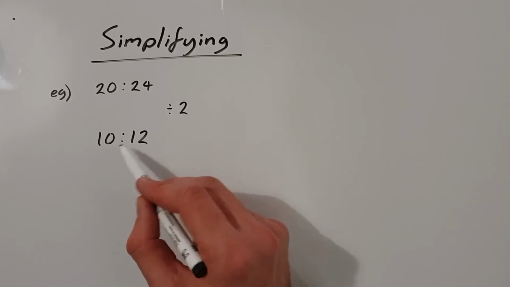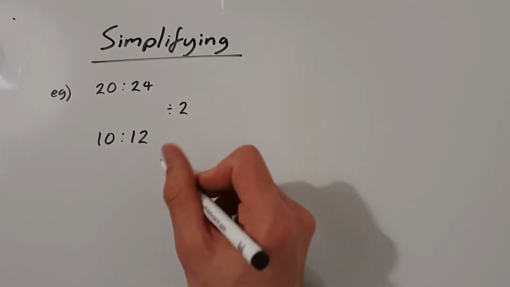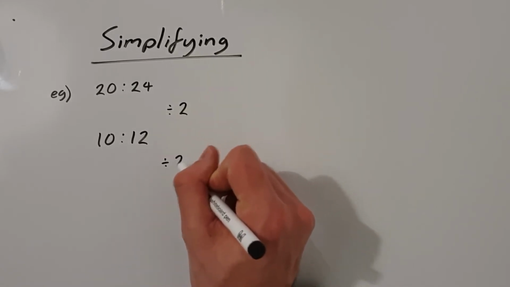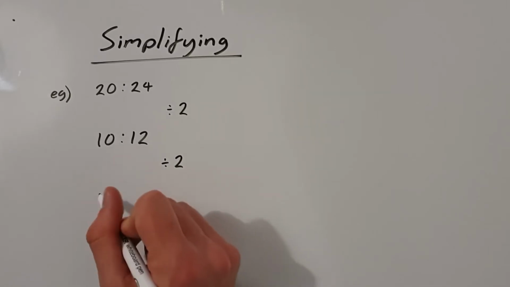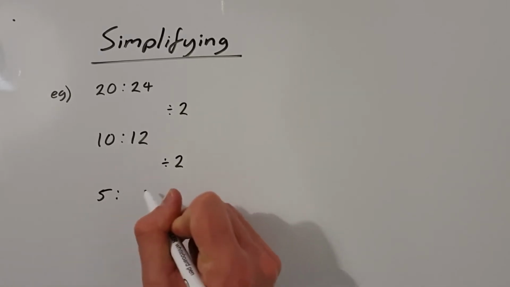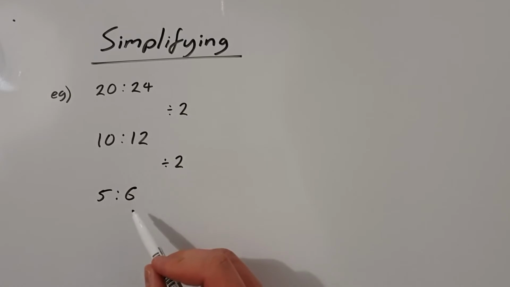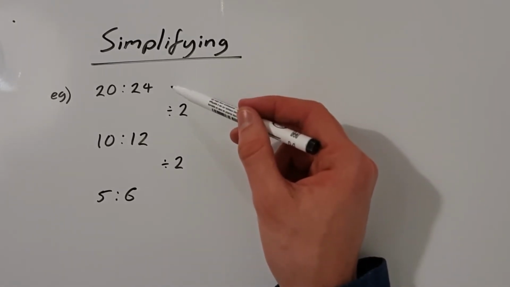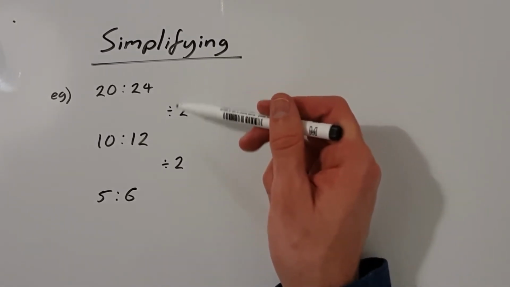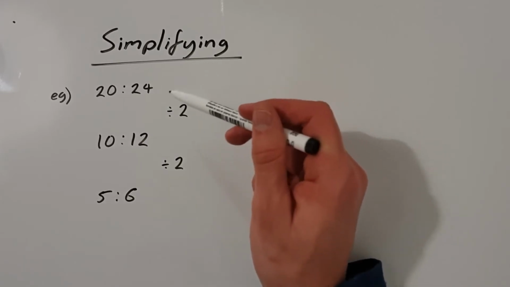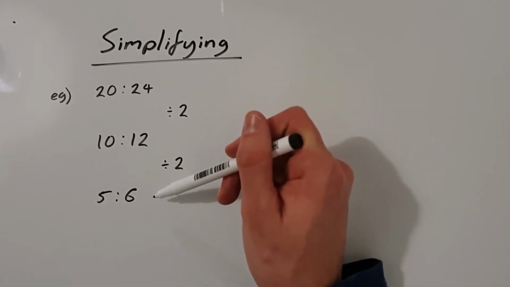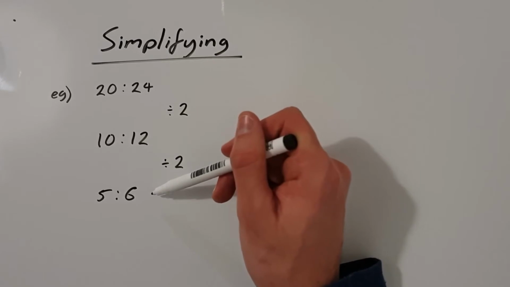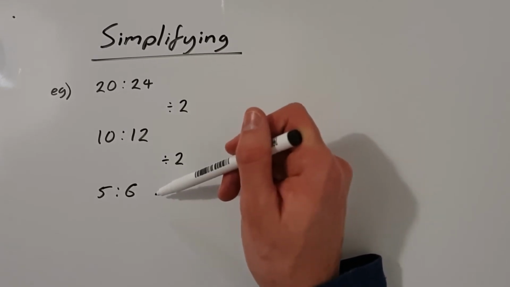But of course, 10 and 12 are both even again, so we can divide them by 2 again, and 10 divided by 2 gives us 5, and 12 divided by 2 gives us 6. Here we have our new ratio 5 to 6, and this is the simplest form of 20 to 24. We do the exact same thing as with a fraction: find the common factors and just divide through until we can't divide anymore and we get our simplest form.